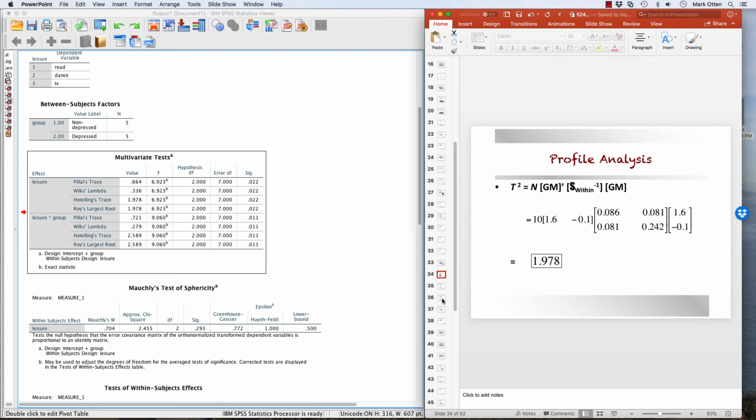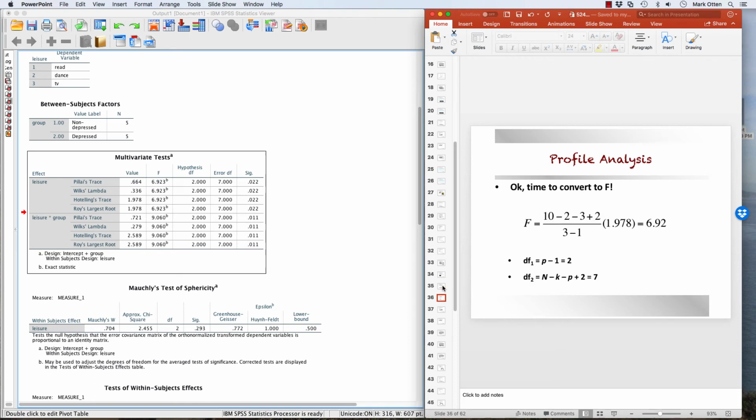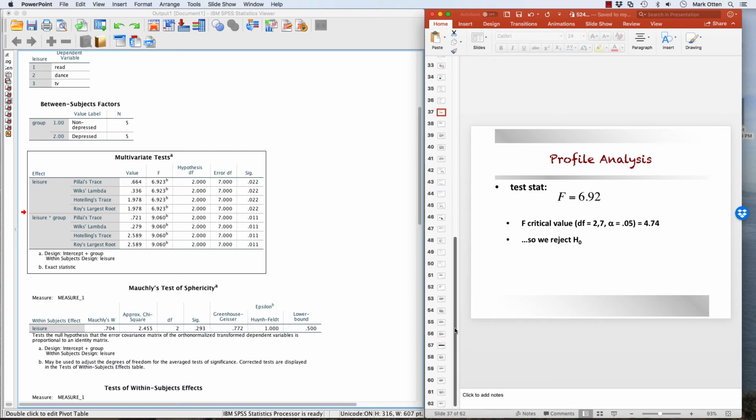The Hotelling's T was 1.978. I mentioned just a minute ago that the Hotelling's T shows up in SPSS as Hotelling's trace. Same thing, 1.978 there. Degrees of freedom 2 and 7, p-value 0.022. So there's your hypothesis number 2 assessment by SPSS.